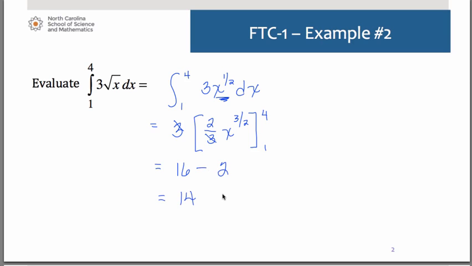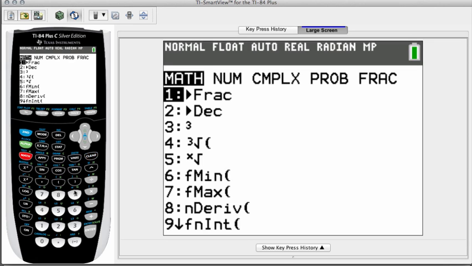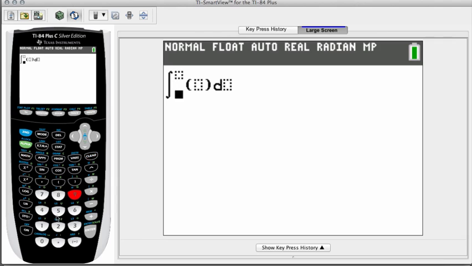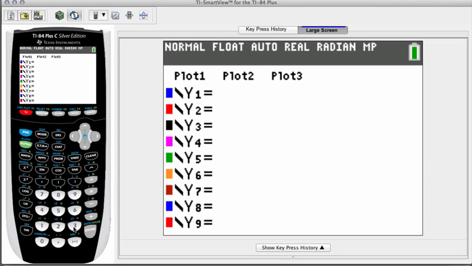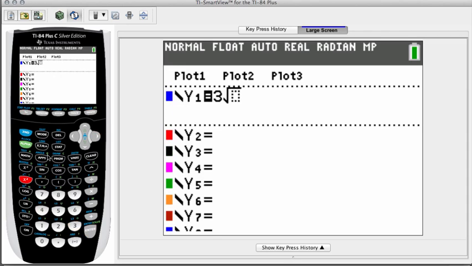We could go ahead and double check that one on our calculator really quick. Remember, it's Math 9 for function integral, and we're doing the integral from 1 to 4 of 3 square root of x. If we were to graph this, remember the interpretation of being the area under a curve.